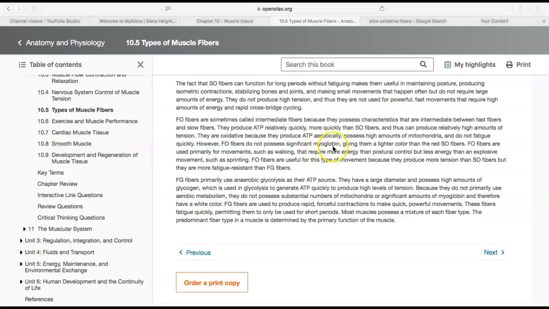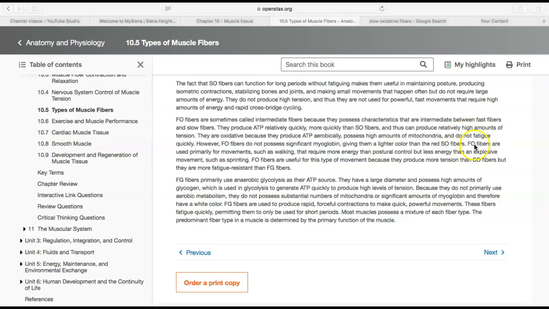However, they don't possess as much myoglobin, which gives them a lighter color than the red slow oxidative fibers, and what you'll find is that the fast glycolytic fibers are white. So the slow oxidative fibers will be like a dark red, these will be a little bit more light pink, and the fast glycolytic fibers will be white.